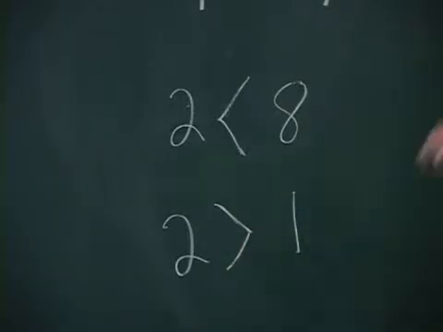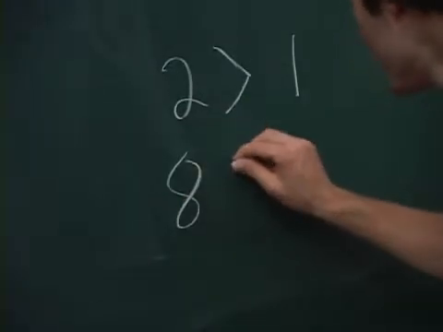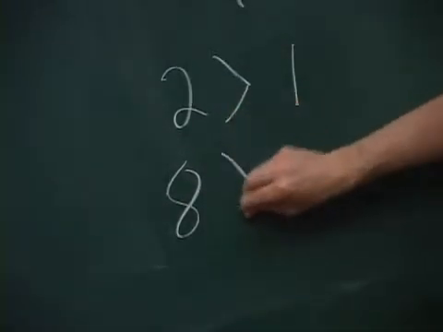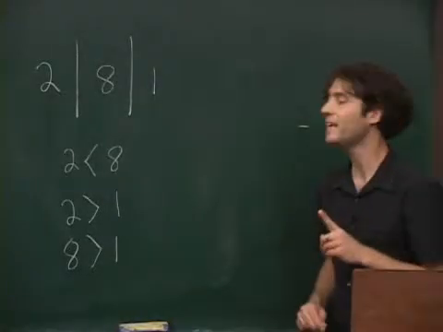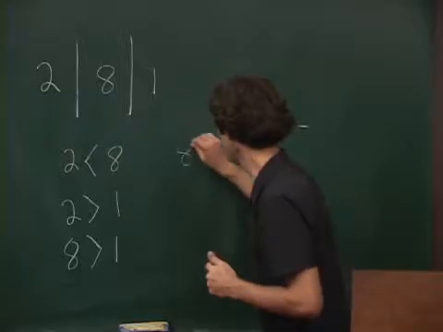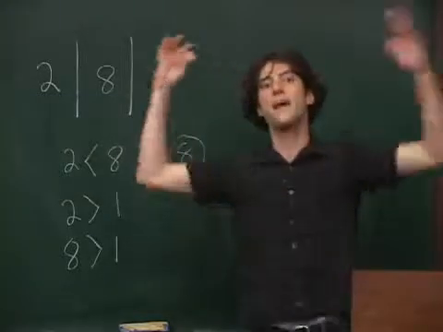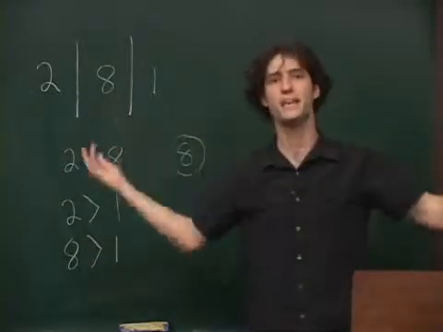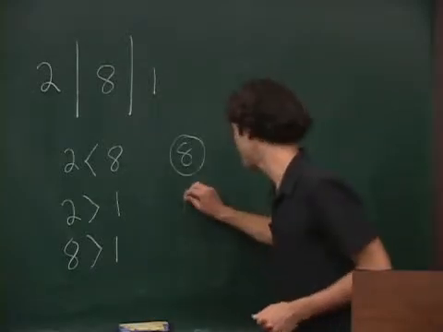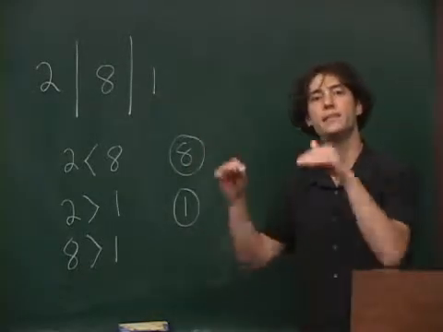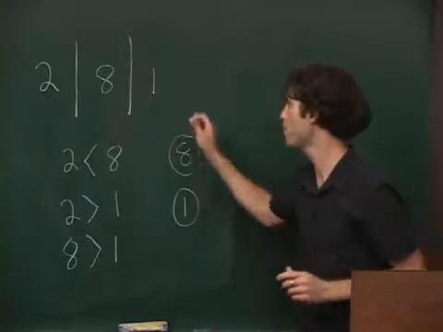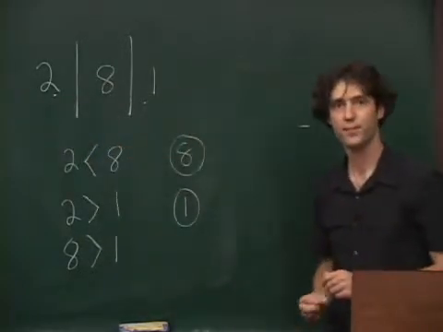Or you can take the numbers 8 and 1 and say that 8 is greater than 1, or 1 is less than 8. Or you can even say that 8 is the greatest number because it's the biggest one. Or you can say that 1 is the least. It's the smallest number out of these three.